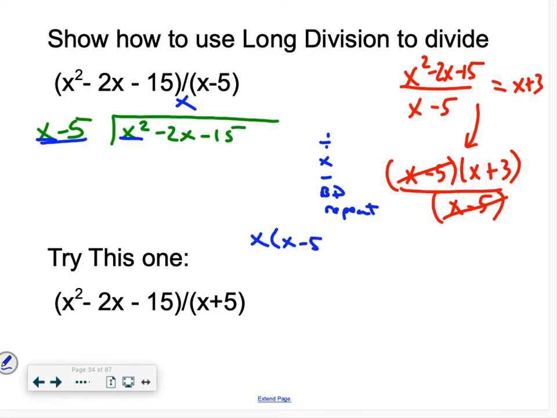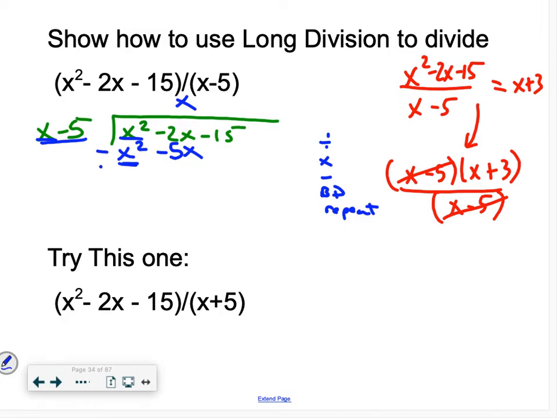So x times x minus 5. Well, if you distribute the x, you're going to get an x squared minus 5x. One thing you should always notice when you do the multiply step is this should be the same as what's right above it. That's by design. If those aren't the same, you did something wrong in your divide or your multiply steps.